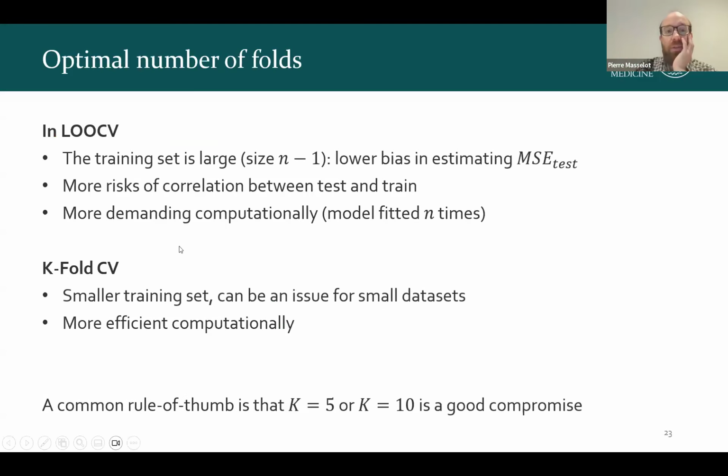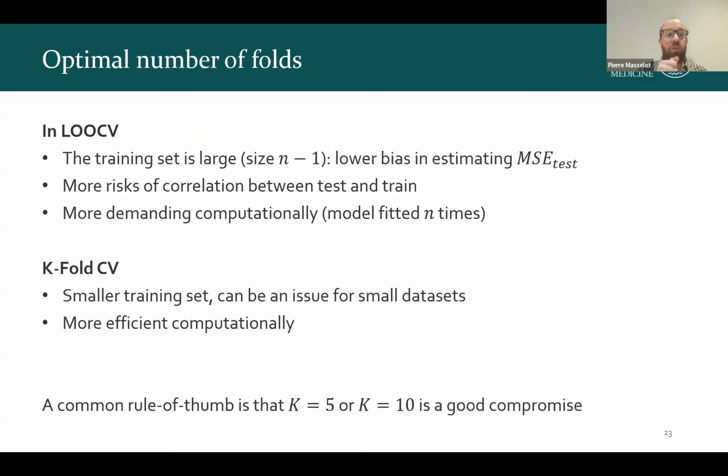So the question now is, what is the optimal number of folds? For instance, should we do leave one out cross-validation, or a k-fold cross-validation with a small number of folds? When you do leave one out cross-validation, your training set will be quite large, so you have what we call a lower bias in estimating your MSE test.